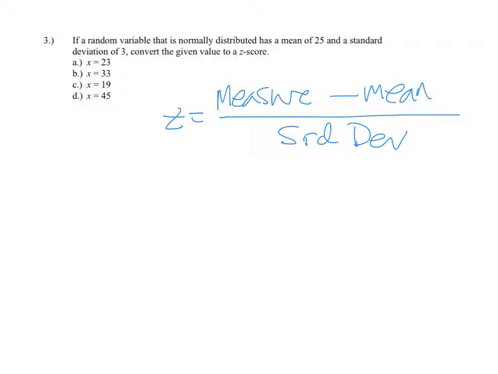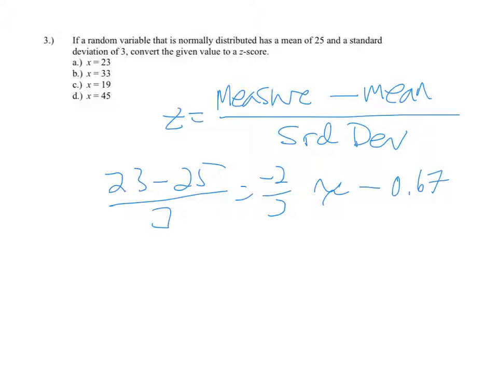So we've got a measure of 23 minus 25 over 3, which is negative 2 over 3. So we could change that to a decimal and say that it's about negative 0.67. Next one, we're going to do 33 minus 25 divided by 3, because the standard deviation is still the same.